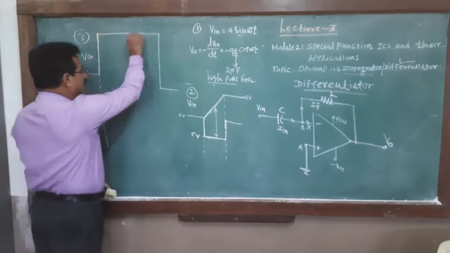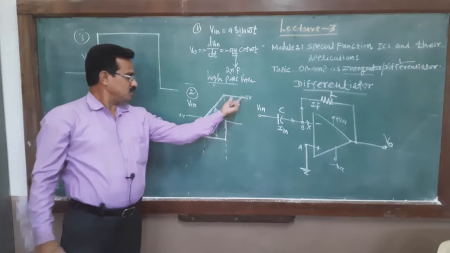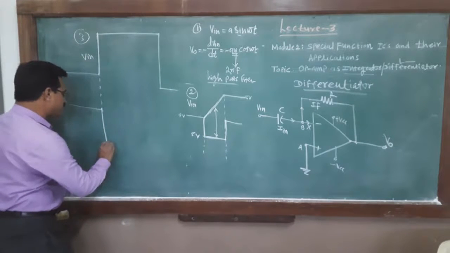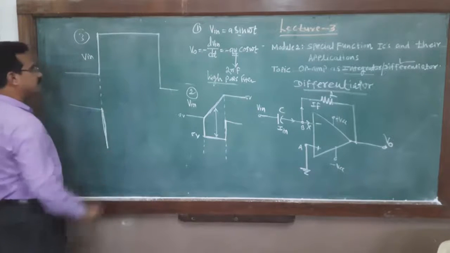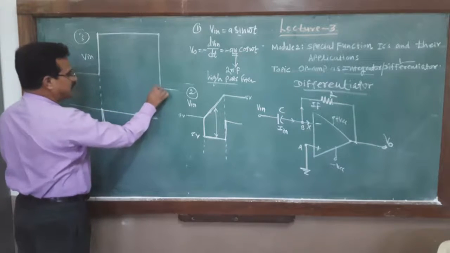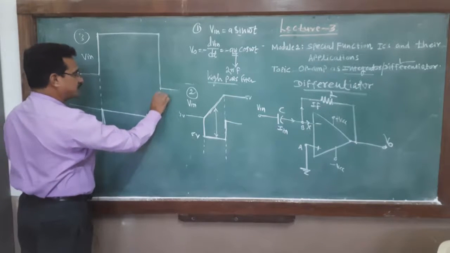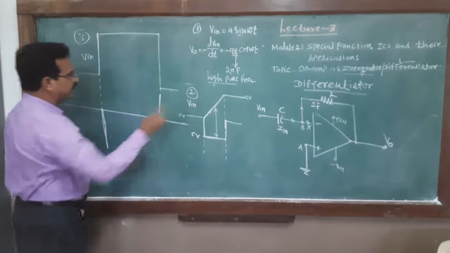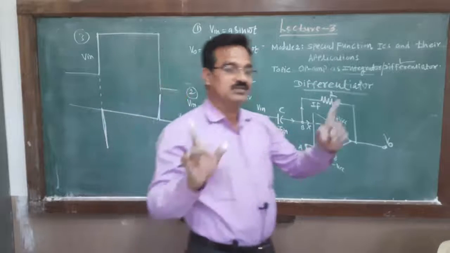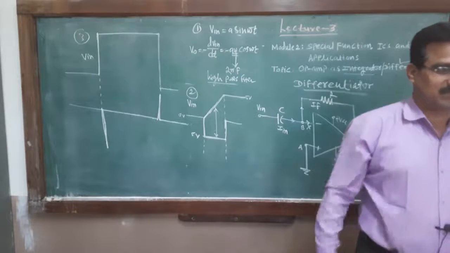But during the constant part, when the input is constant, the output is 0, so it comes back immediately to 0. And when the input changes again, the output moves in this direction and again comes back. It means when a rectangular pulse is applied to the differentiator, it gives spikes.